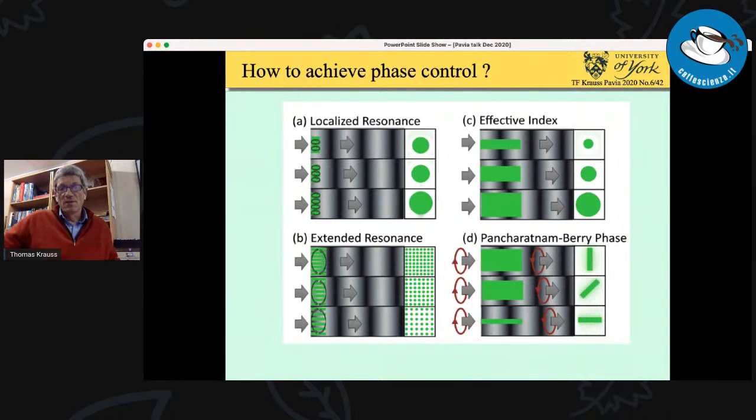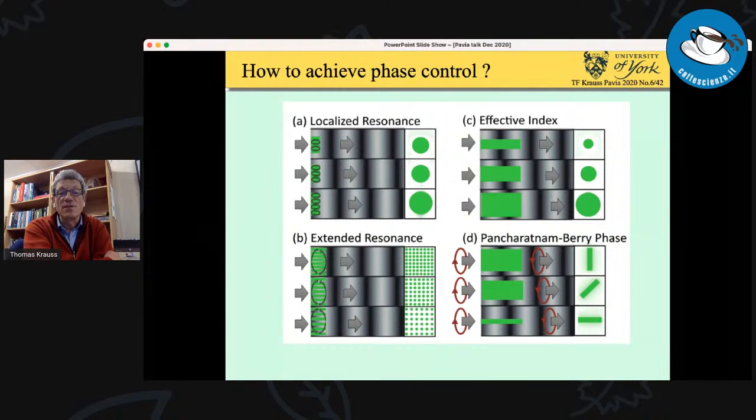What can we do? So there's a number of things. You make these nanostructures, as you saw in my introductory slide, and you create a resonance. As we know, if you have a resonance structure, the light oscillates and creates a phase delay by multiply passing the structure. So on the left-hand side, you have this idea of a localized resonance.